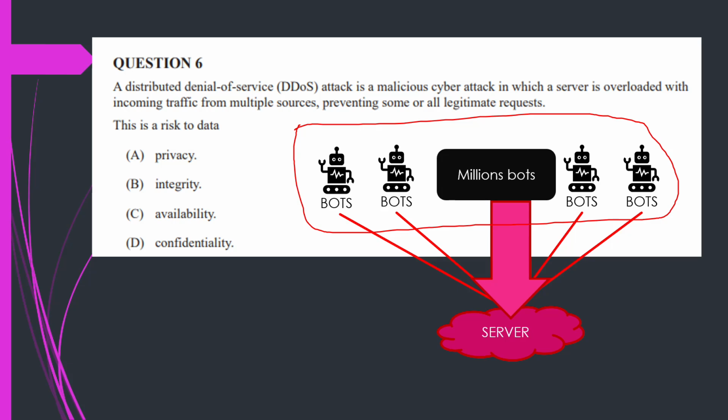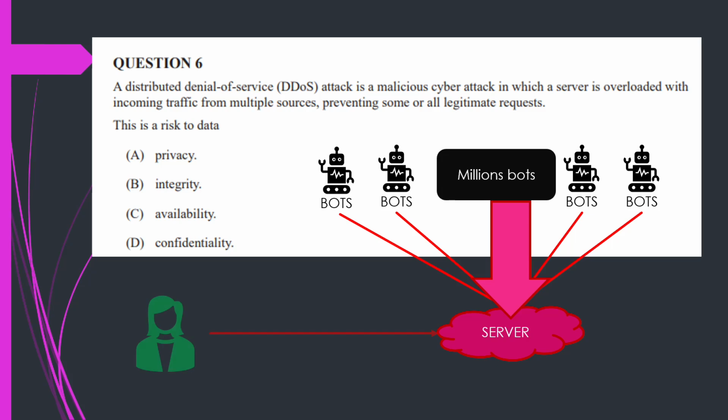Now, when the robots do it, and you have millions of random computers sending requests, the server doesn't really know which one is a genuine request and which one is a fake request from robots. So as a result, when someone tries to request something properly from the server, it will say, nope, I'm too busy to help you.